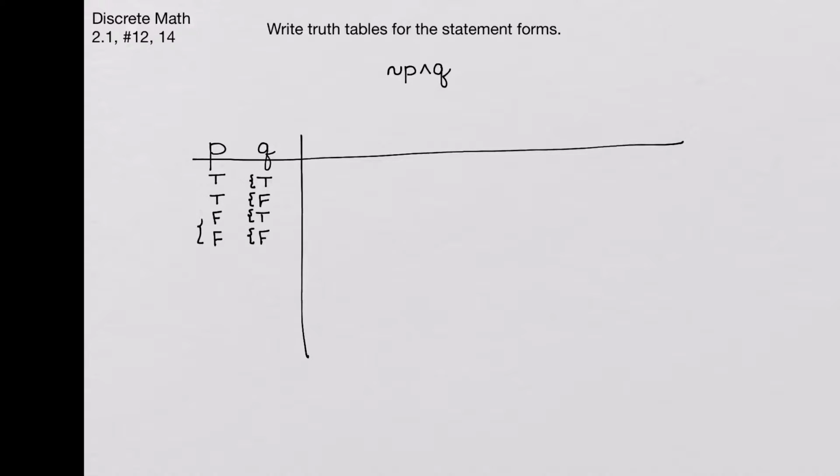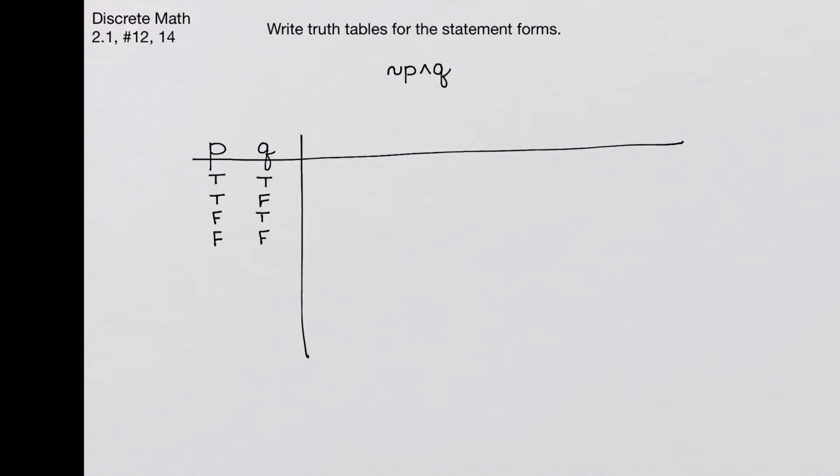So let's clean this up, get rid of all these braces here, and now I'm ready to really get into my truth table. Our expression is not P and Q. I'm going to need a column in my truth table for each step of the problem. This is very much like doing order of operations.